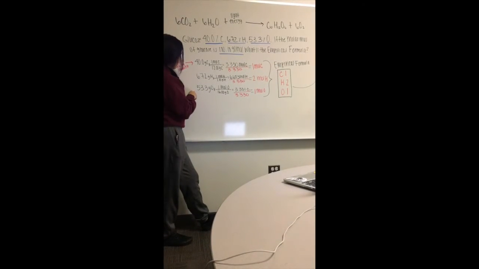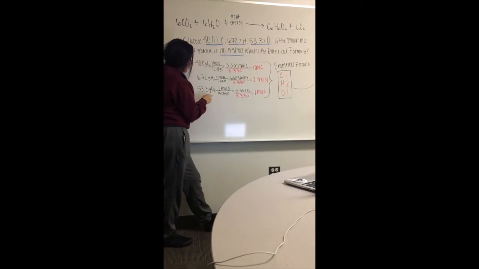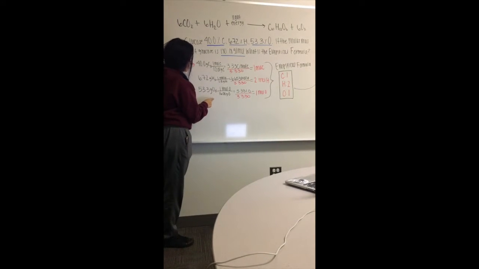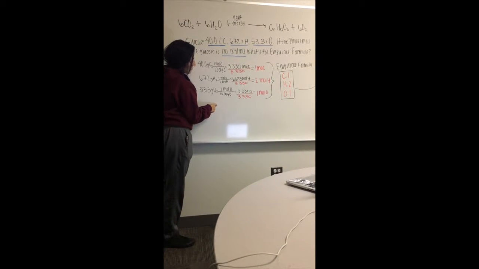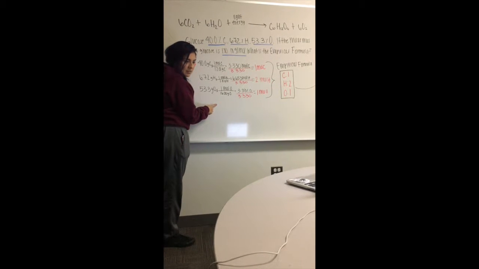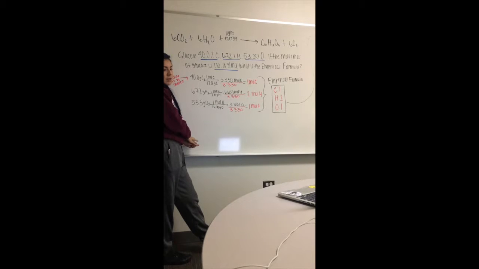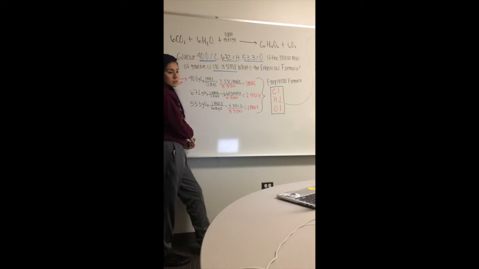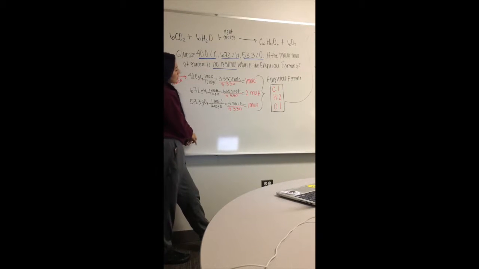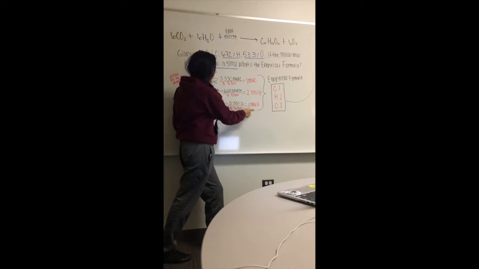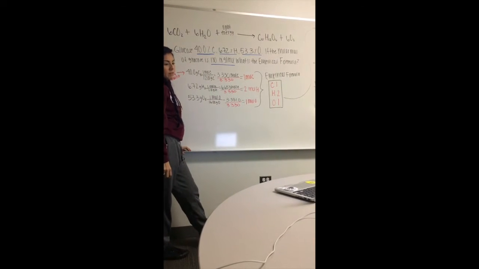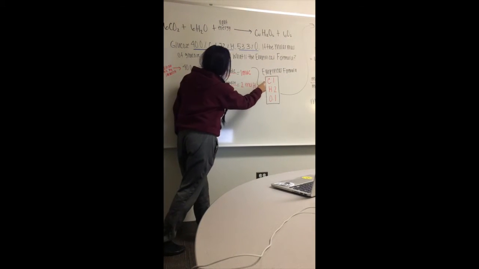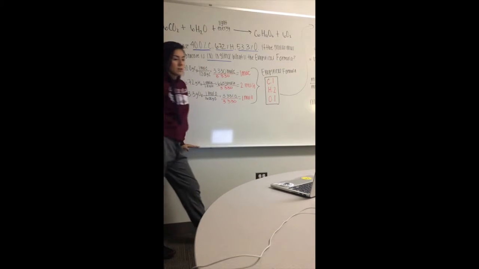Then 53.3 grams of oxygen times 1 mole oxygen divided by 16 grams of oxygen, which gives you 3.331 moles. Next, you have to divide all the elements by the smallest value, which is 3.330. Which gives us 1 mole of carbon, 2 moles of hydrogen, and 1 mole of oxygen. Finally, the empirical formula is C1H2O1.